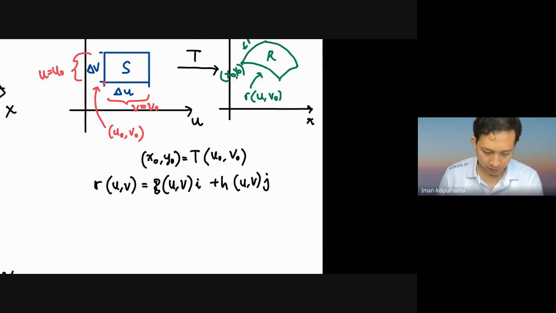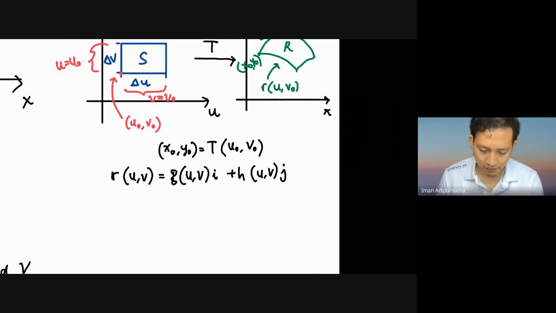So this vector is the position vector of the image. Okay, so this is the position vector of the image S.